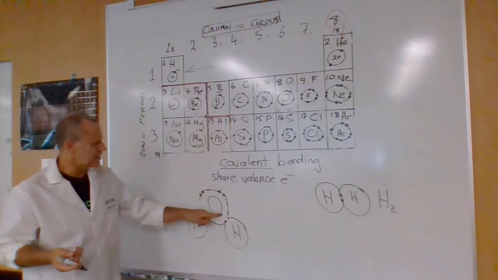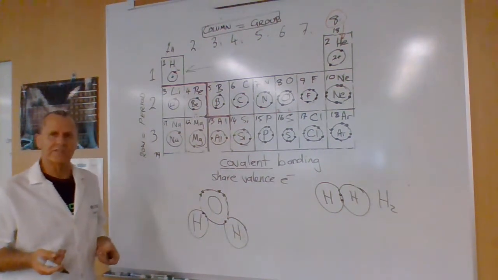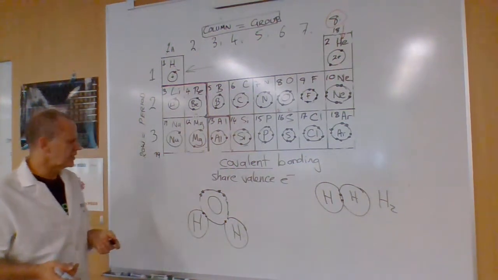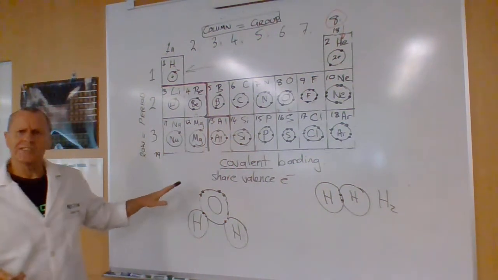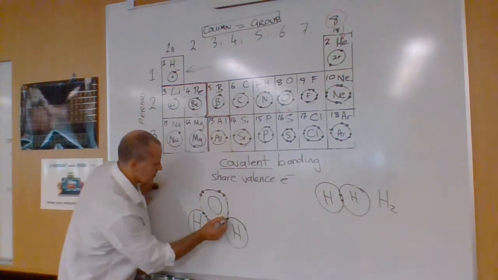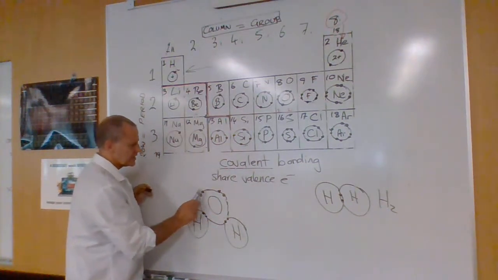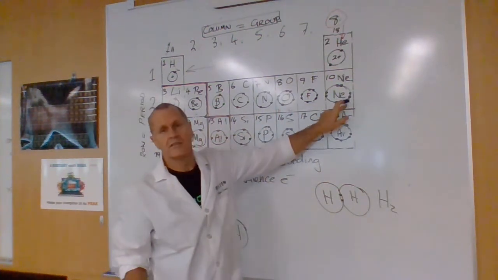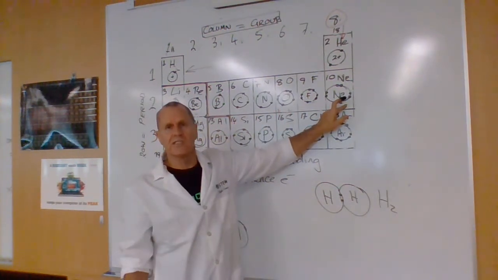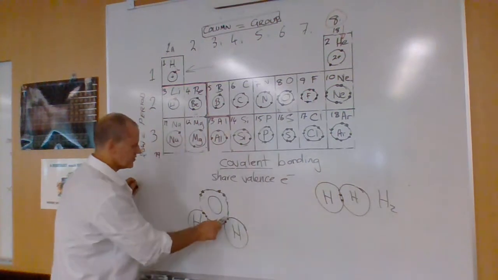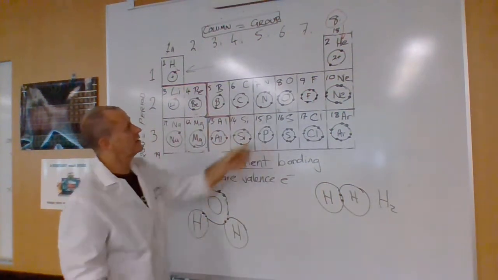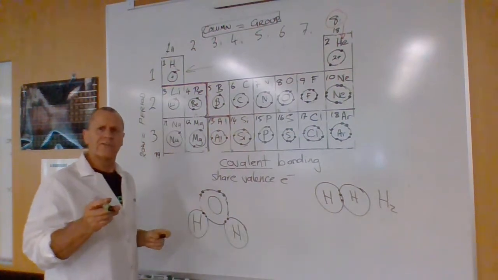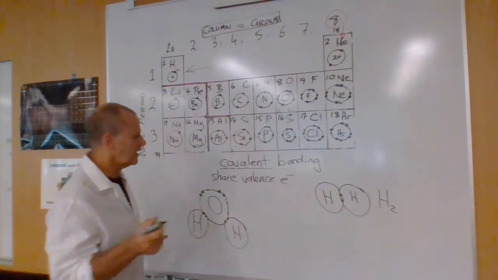And so you get this distinctive V shape of the water molecule, with a certain specific bond angle. I'm not interested in that at the moment, but what I am interested in is that oxygen now has 8. In terms of electrons, it's stable. And hydrogen now has 2. It's stable, like helium.